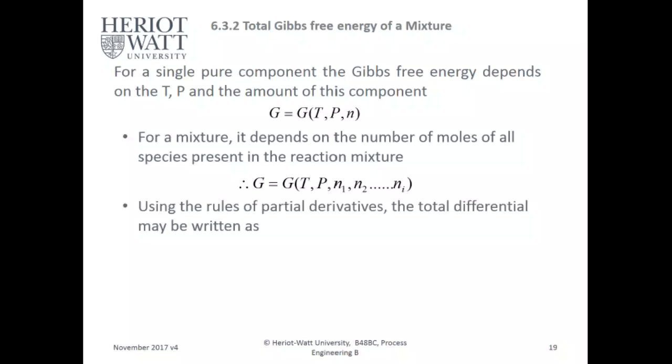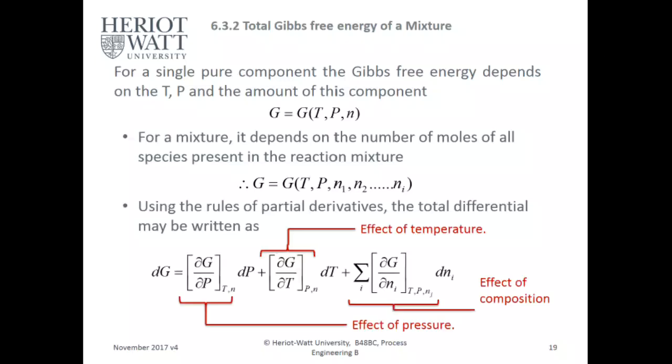That determines rate. Using the rules of partial derivatives, the total differential may be written as dG equals the infinitesimal change in G over the change in P at constant temperature and constant moles, where the number of the species are kept constant.